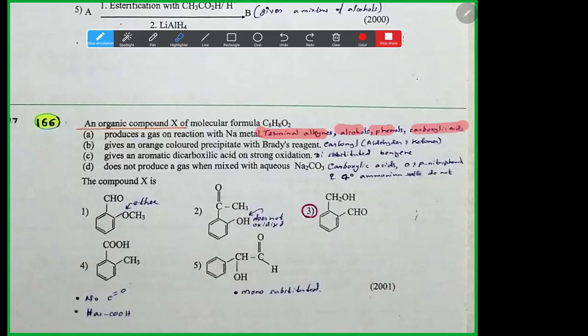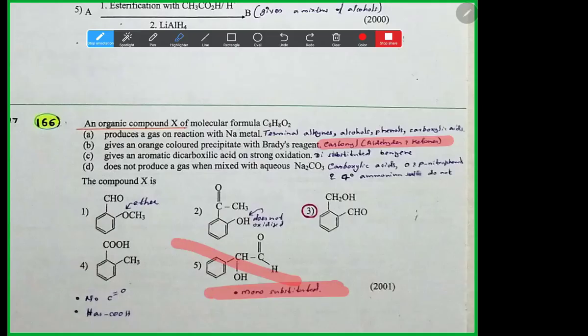Any of those you cannot see in the first one. Okay, I'm going to move on. Orange precipitate with 2,4-DNP is carbonyl, aldehydes or ketones. We have a couple. Gives aromatic dicarboxylic acid. To give dicarboxylic, this is mono-substituted. We have to avoid this one, number 5, other 4.